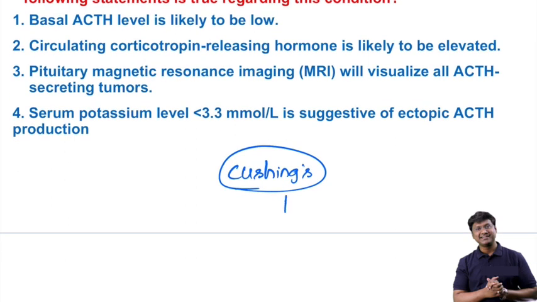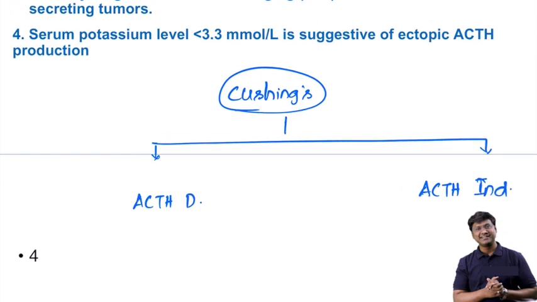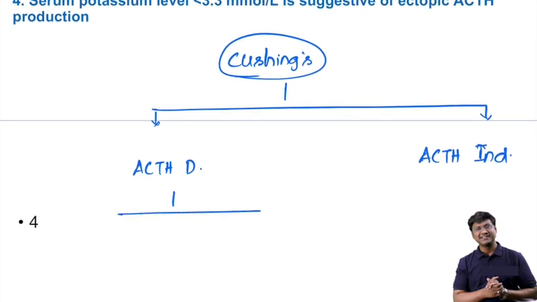Now this Cushing syndrome, how do we classify the etiology of Cushing's? We classify this etiology into ACTH dependent type of Cushing's and ACTH independent type of Cushing's. These are the two important types of the etiologies. In ACTH dependent type of Cushing's, again we have two important etiologies, that is pituitary adenoma, the corticotroph type of pituitary adenoma, and then ectopic ACTH producing tumor.